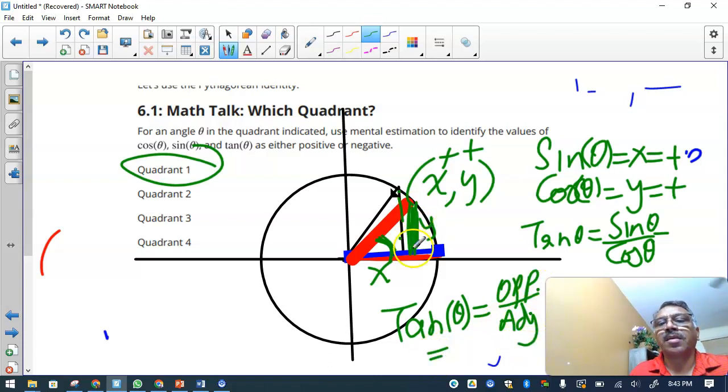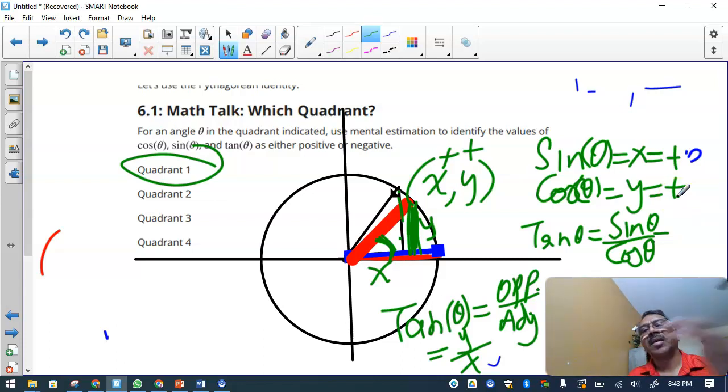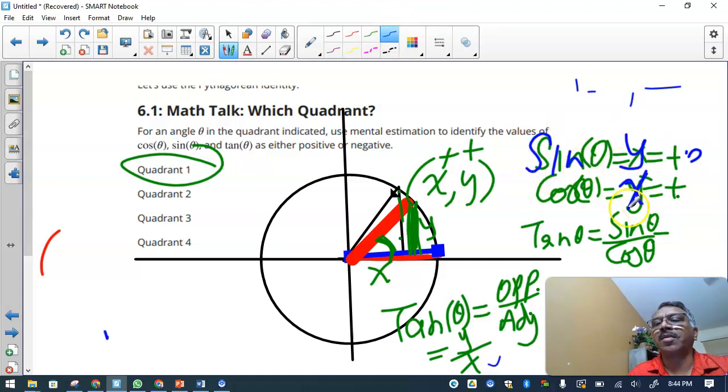Opposite is y, divided by x. But I made a slight mistake earlier. Sine theta is y, and cosine theta is x. Please take note of that. Be careful.